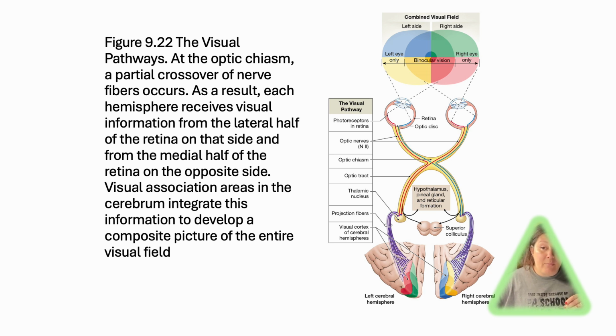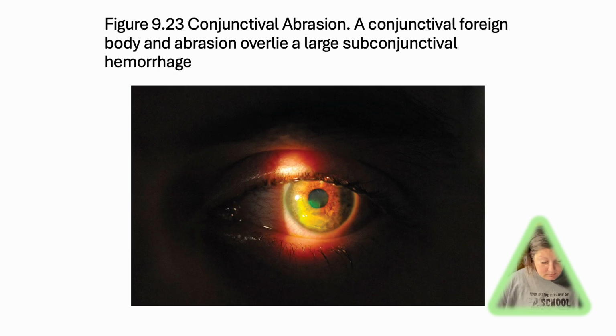And the way to remember this is to just know that the medial information on both the left and the right is going to cross at the optic chiasm. So the medial information is going to cross to the opposite hemisphere.